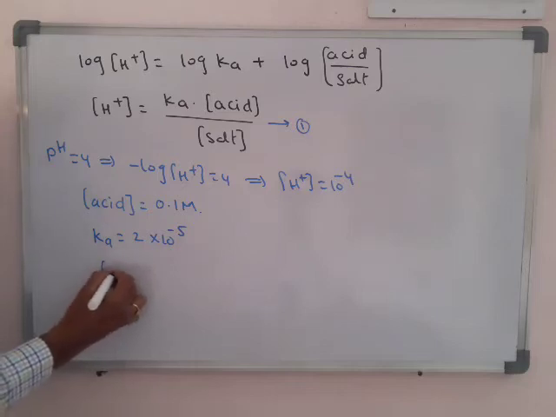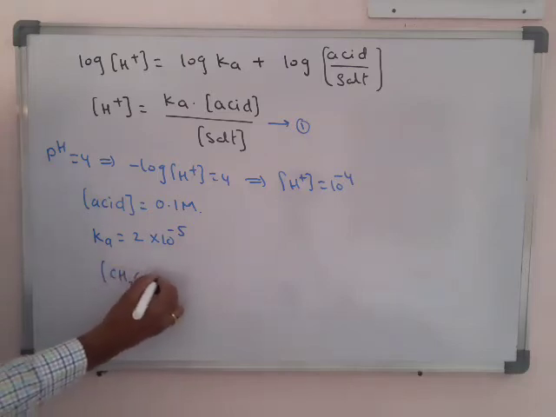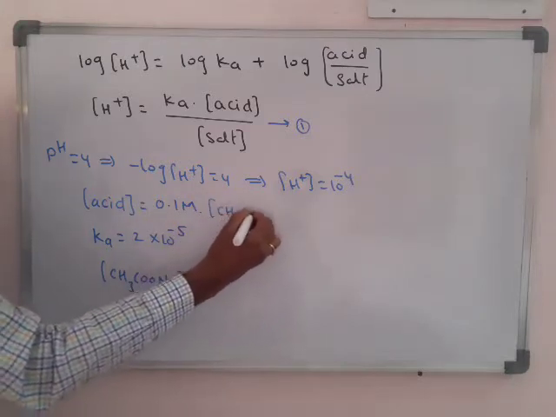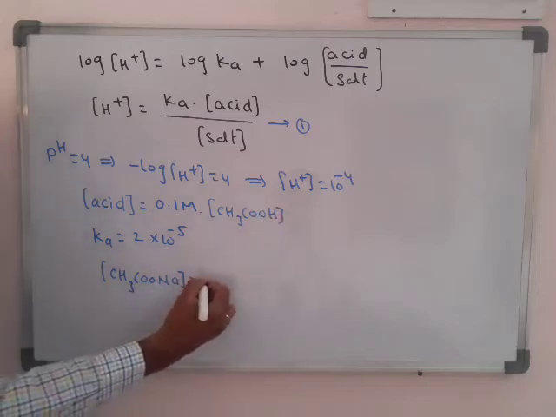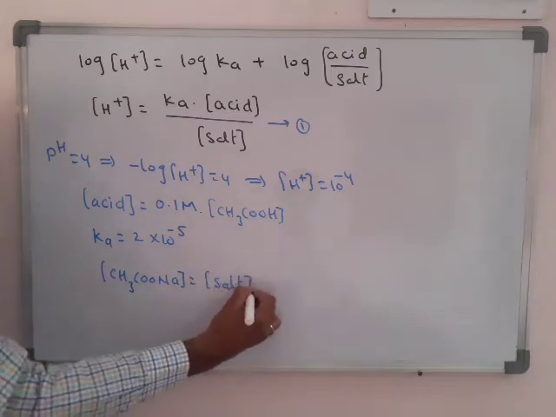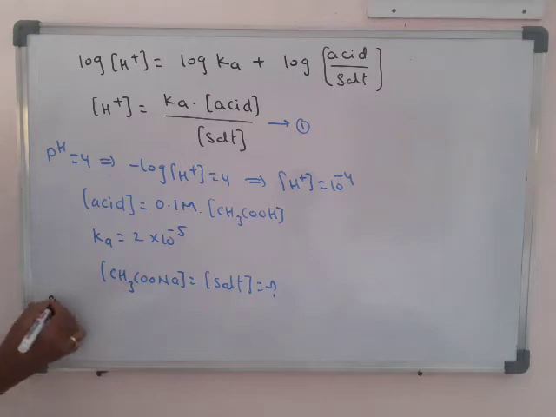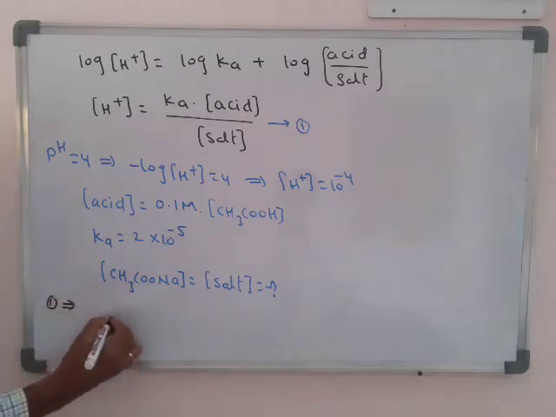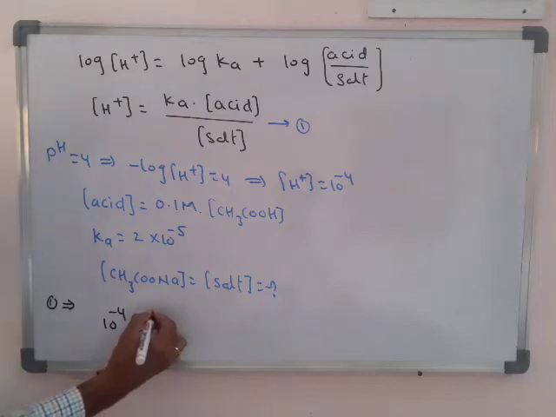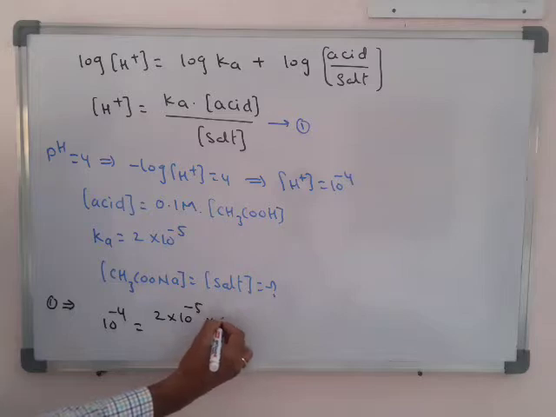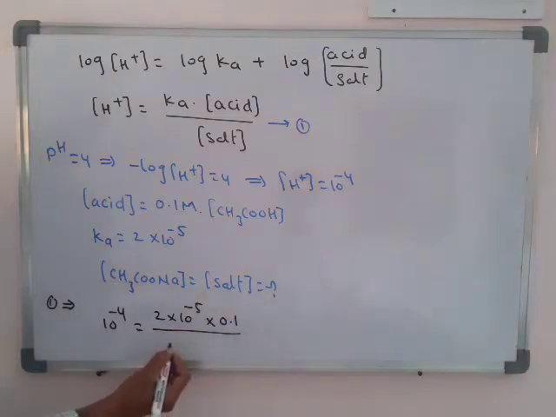We have to find the salt concentration. Here what is the salt? CH3COONa. The acid is CH3COOH. We have to find the CH3COONa concentration. Okay, so substitute all of them in equation 1. H plus equals 10 power minus 4 equals Ka, acid 0.1, and we have to find the salt.